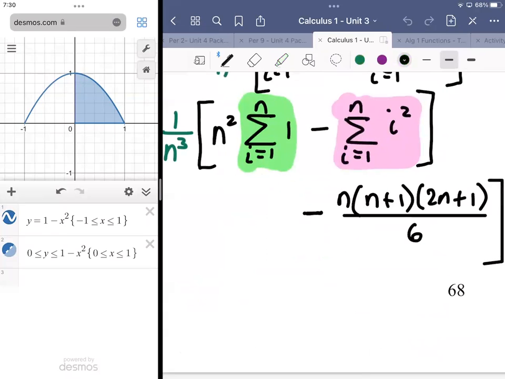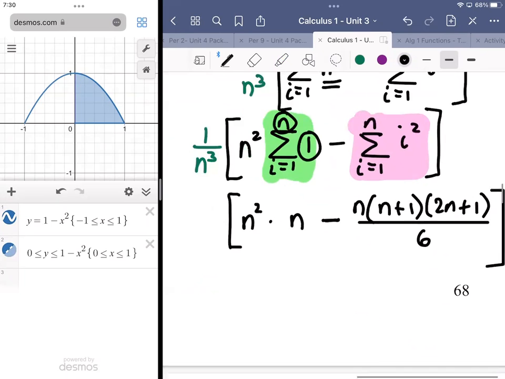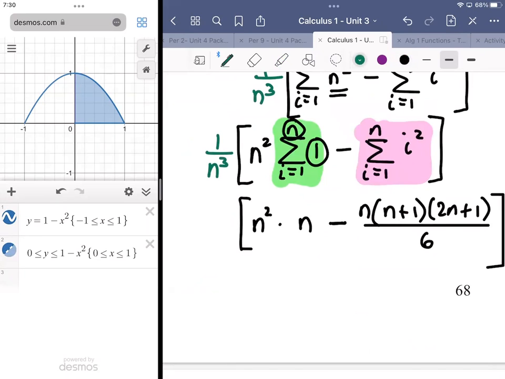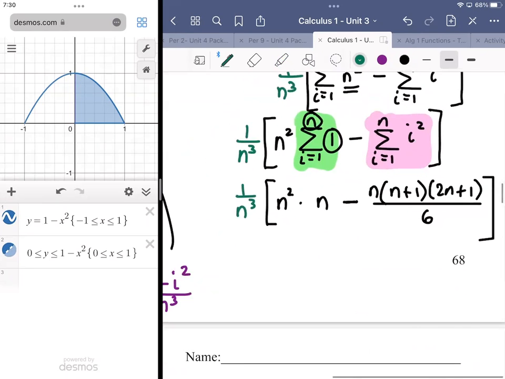So this is going to be the 1 multiplied by the n, which is just an n. So we have the 1 over n cubed on the outside, and then we have an n times n squared on the inside, or n squared times n. But this cleans up kind of nicely.